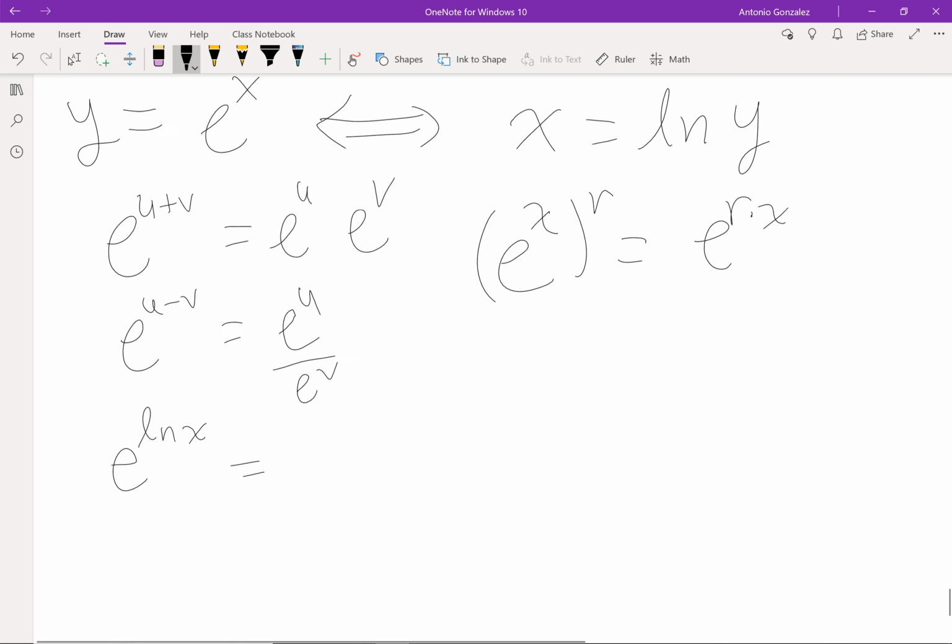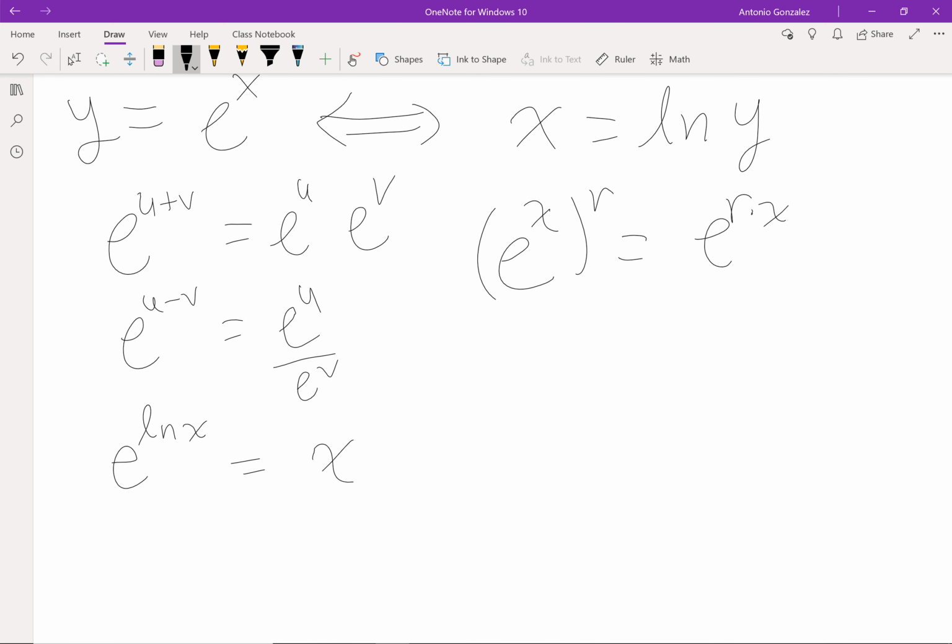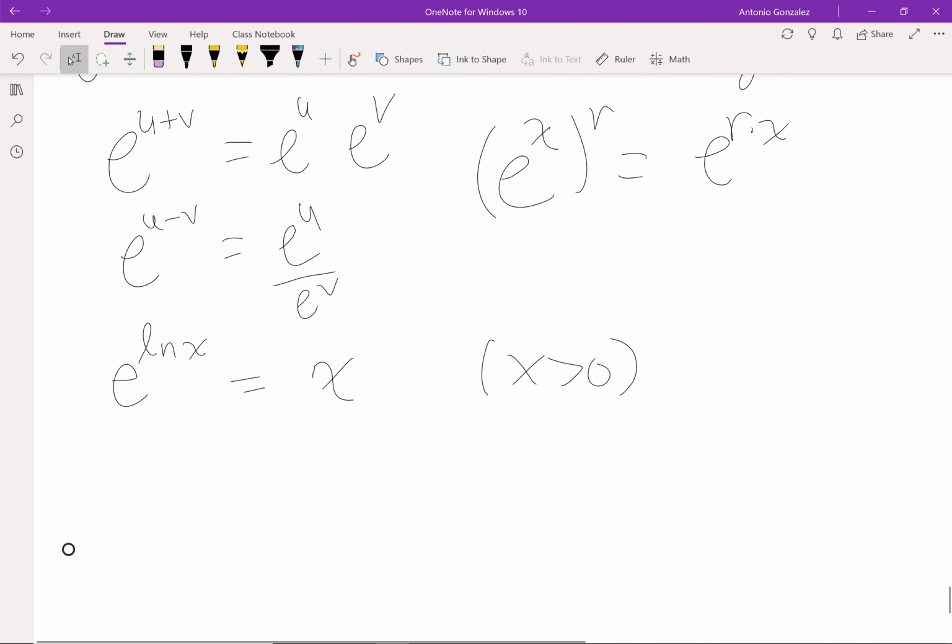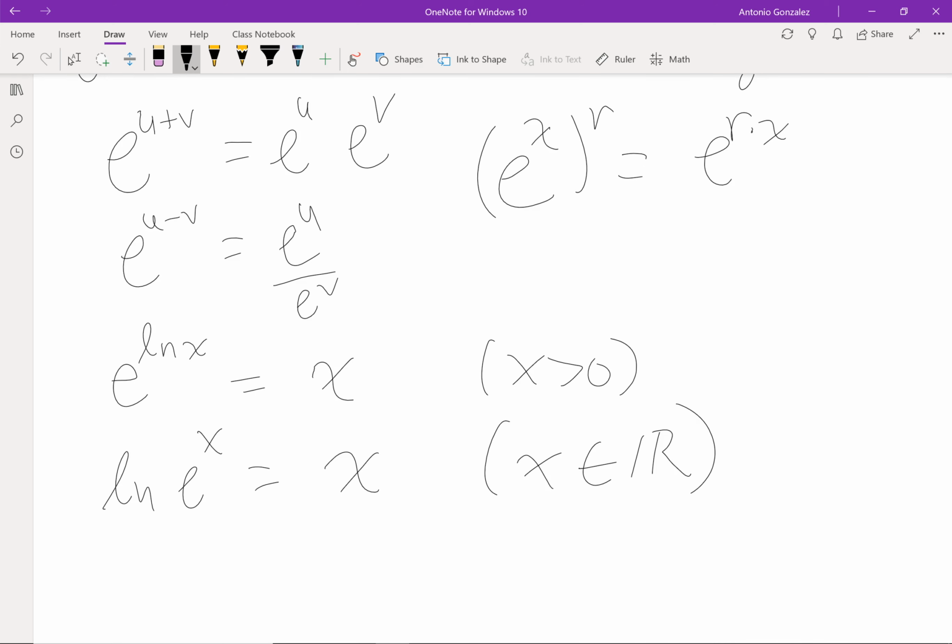And for the composition properties, this is true for x greater than 0, and ln of e to the x is x for all real numbers x. All right, so thank you.